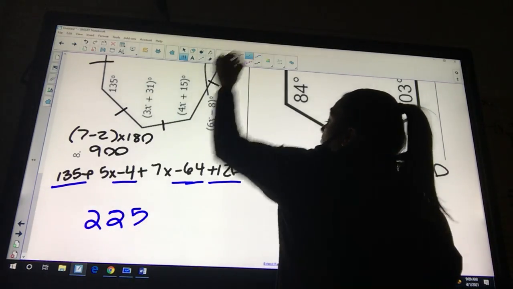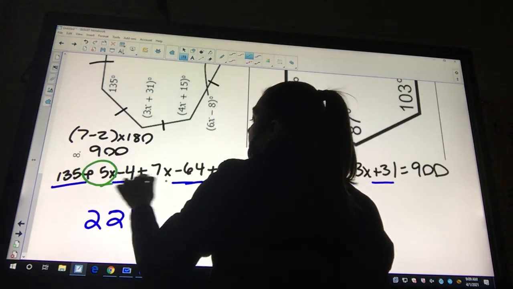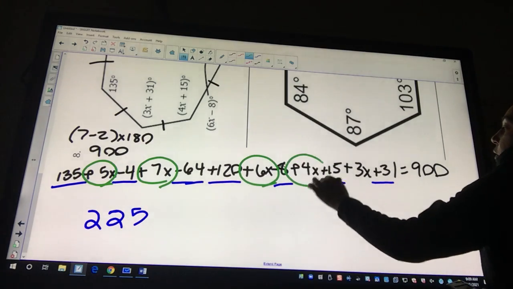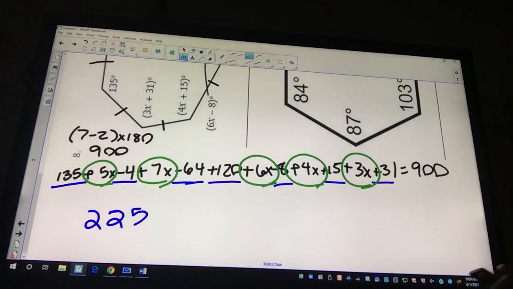Go through now and put all the letters together. So 5, plus 7, plus 6, plus 4, plus 3.